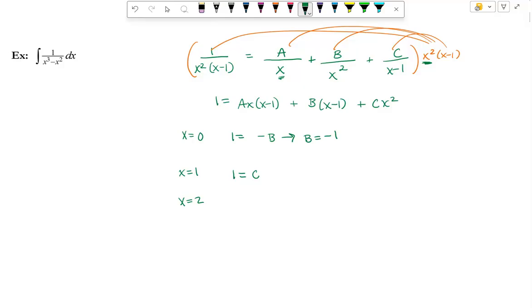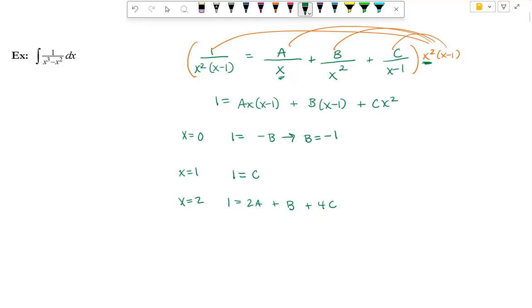And then finally, when I plug in x equals 2, or whatever other number we want, I'm going to get, let's see, 2a times 1 plus, let's see, 2 minus 1 is 1, so plus b, plus 2 squared times c, so plus 4c.